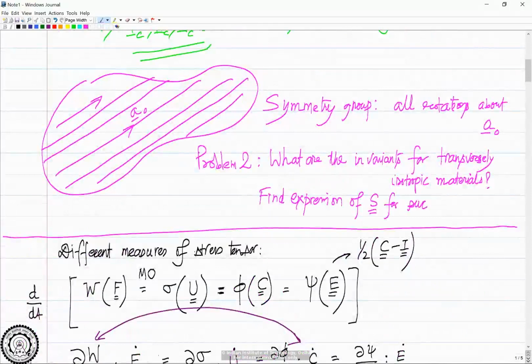You'll have to take the derivative of those invariants with respect to C to get the expression of S. Here you did the derivatives of I1C, I2C, I3C. There are extra invariants for transversely isotropic material, and you have to take their derivatives also to get the expression of S.